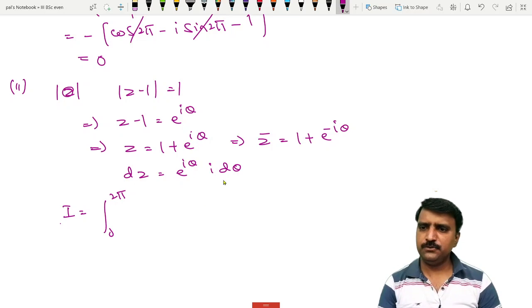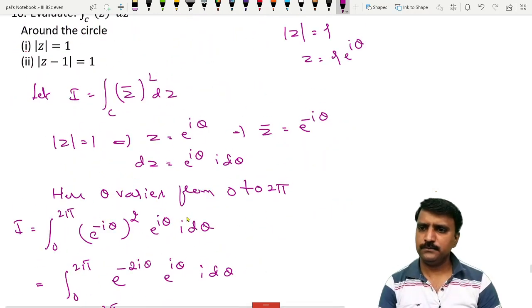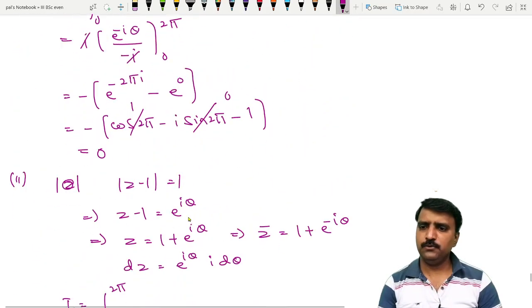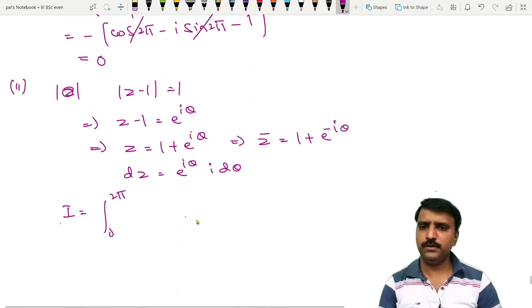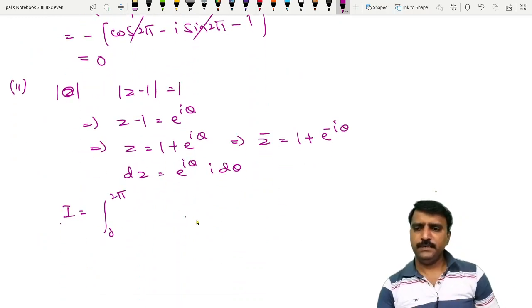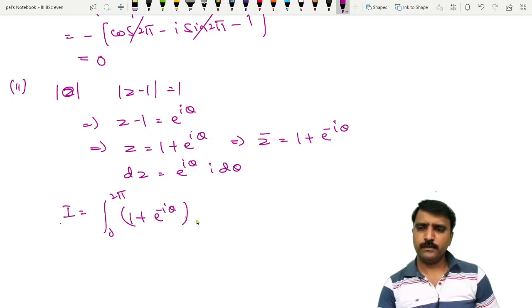integration from 0 to 2 pi of z bar whole square, where z bar is 1 plus e power minus i theta, so this is squared, into dz, that is i into e to the i theta into d theta.